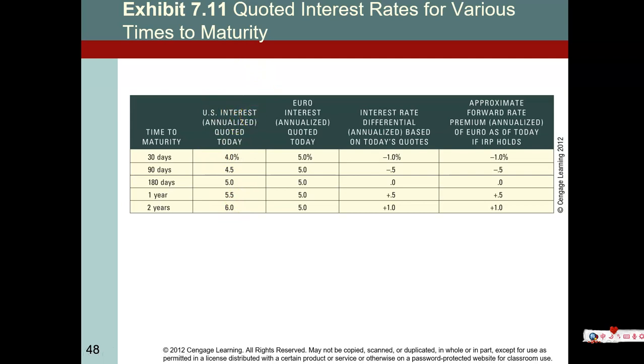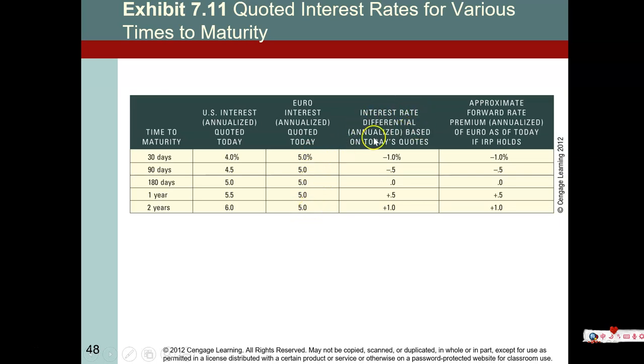When we learned how to price a bond, we have a maturity risk premium for the bond return. The longer the maturity, the higher the maturity risk, and the higher the return. The euro interest rate quoted today, annualized, is 5% for all the different maturities.